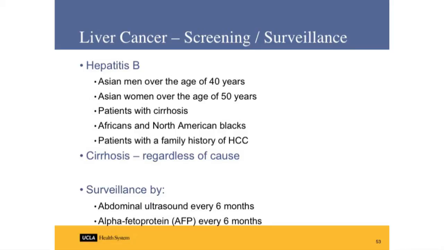And then also Africans and North American blacks should be monitored regularly. Patients with a family history of hepatocellular carcinoma should also be evaluated regularly. And then any patient with cirrhosis, regardless of the cause, should be evaluated regularly for hepatocellular carcinoma.